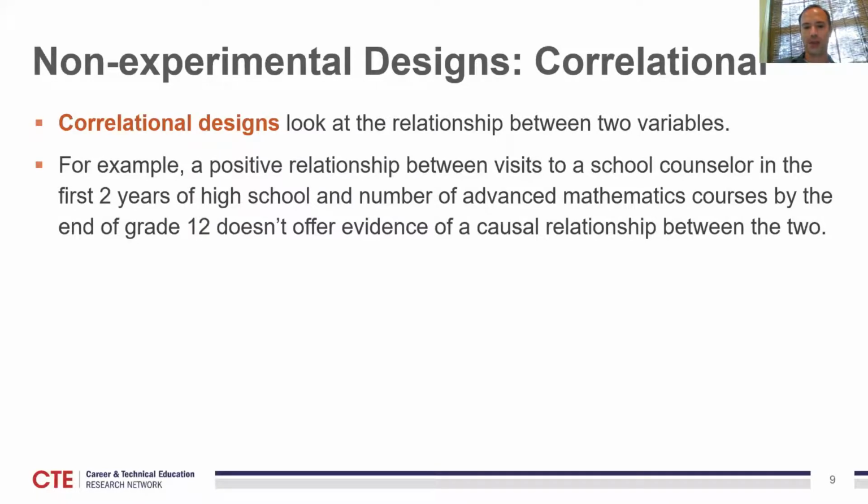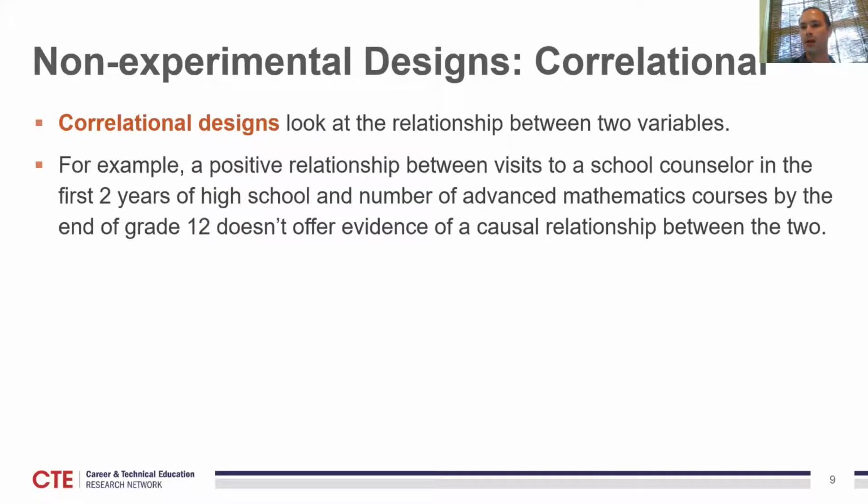So these are all things that we think would probably cause upward bias in that relationship, because the parental involvement and the motivation to take more advanced courses are things that we think are correlated with doing well generally. And so if you make the comparison, you would expect the mean outcomes for those that visited the counselor more frequently to be higher than other groups.